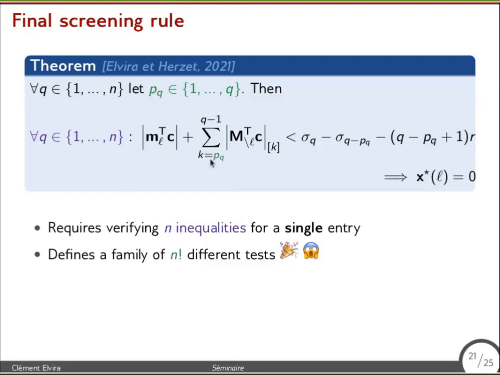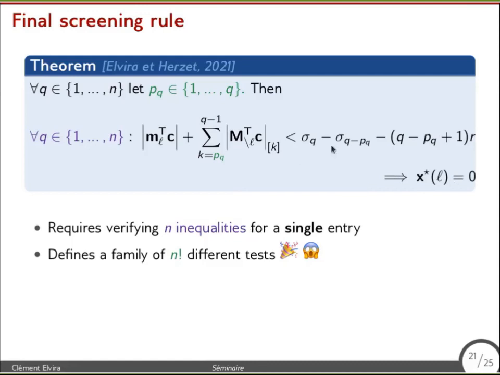And then check if some parametric inequality, an inequality that is parameterized by pq, involving the inner product between M and the center of my sphere, the radius, and the sum of the slope coefficients, is verified. And if all inequalities are verified, then the screening test passes and I can remove it in a safe fashion.